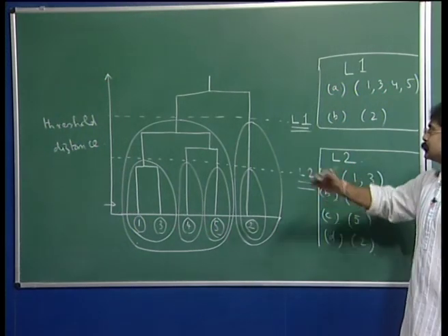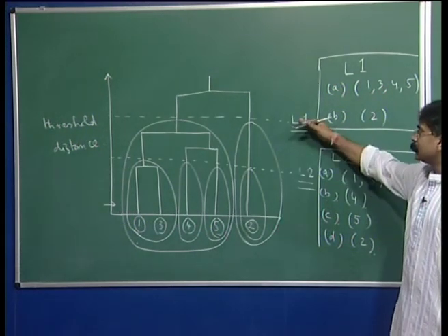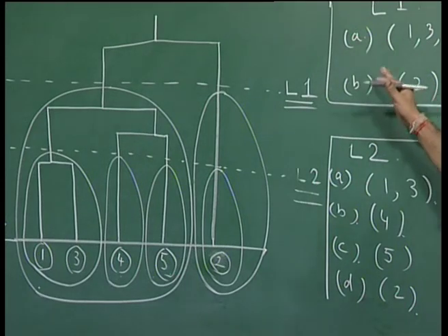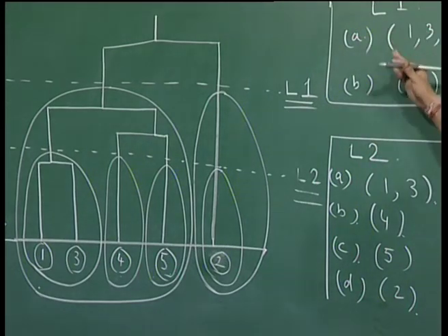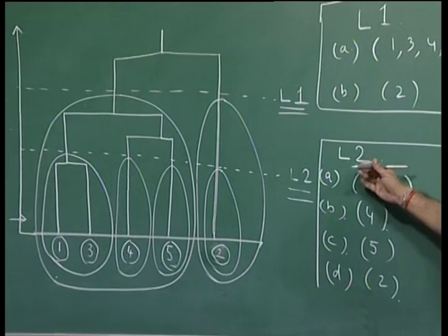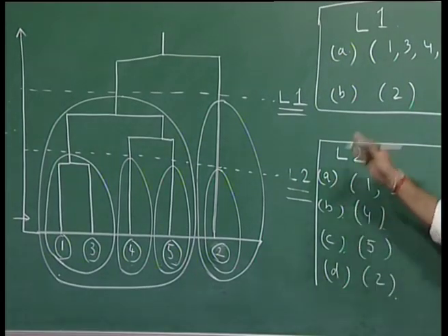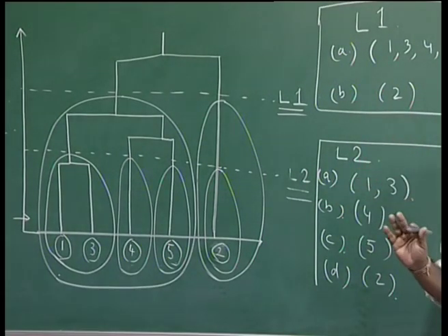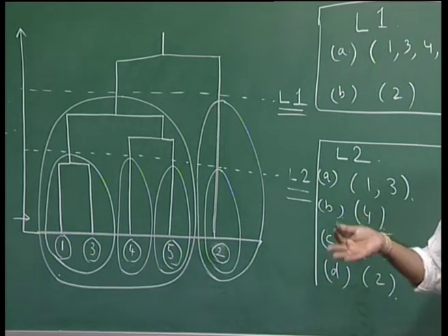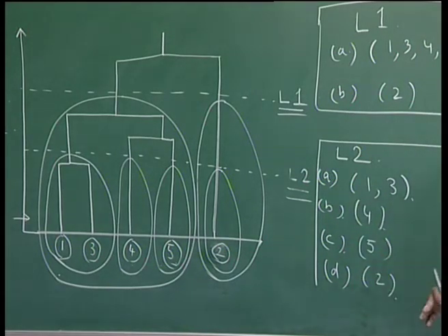And the second point is that if you look at two different levels, then the clusters that are formed, this L1 corresponding to this, there are 2 clusters, and corresponding to L2 there are 4 clusters. These are either going to be disjoint or one would be totally contained within the other, right.